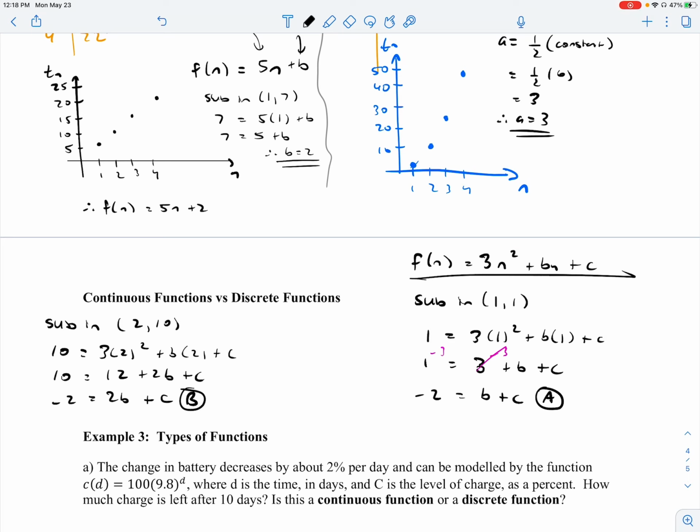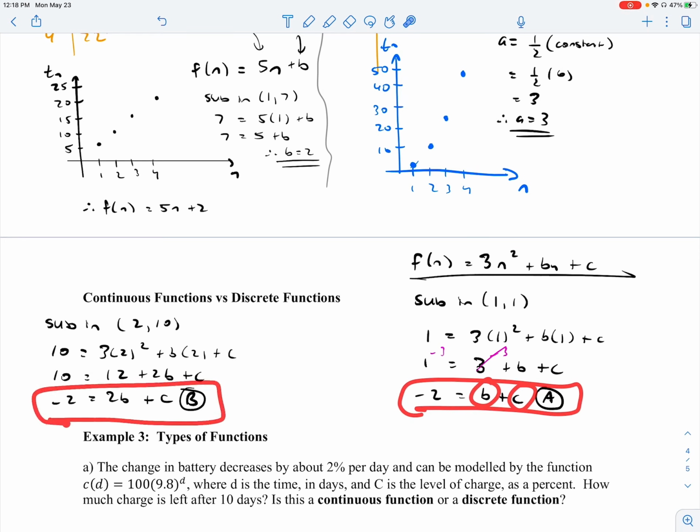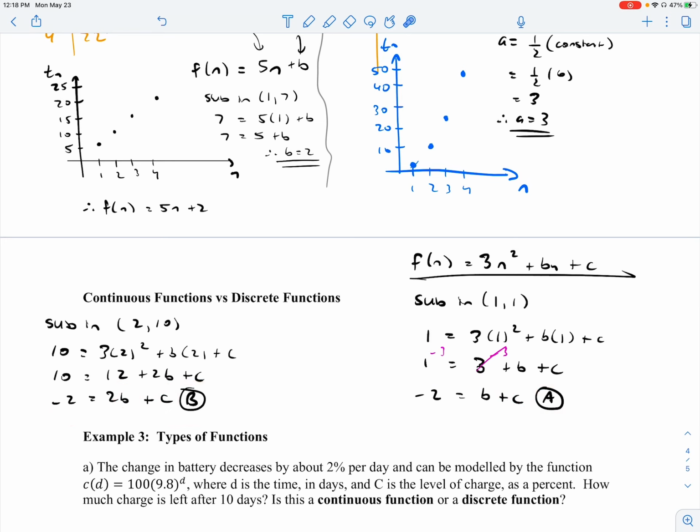You probably know where I'm going with this. So we now have two equations with two unknowns, B and C. We can either do substitution or elimination to try to find the values of B and C. I'm going to do substitution.